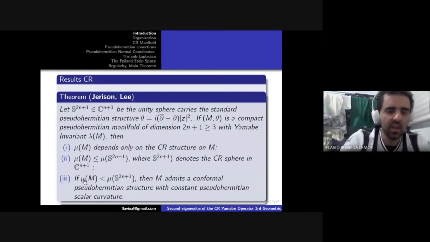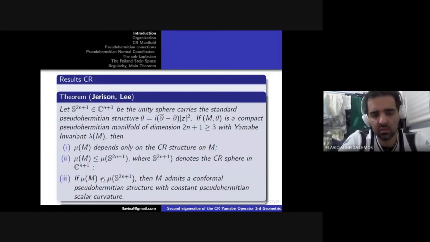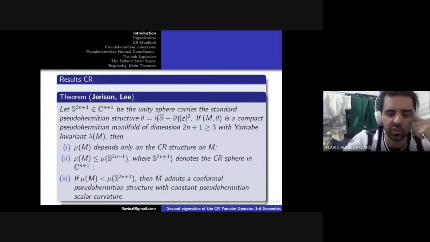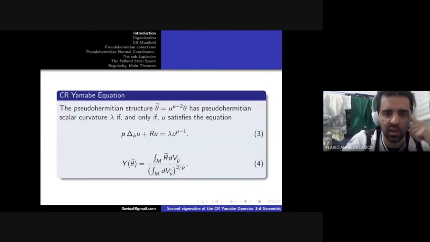If we have strict inequality, then M admits a conformal pseudo-Hermitian structure with constant pseudo-Hermitian scalar curvature. This means we have a function u that satisfies this equation.